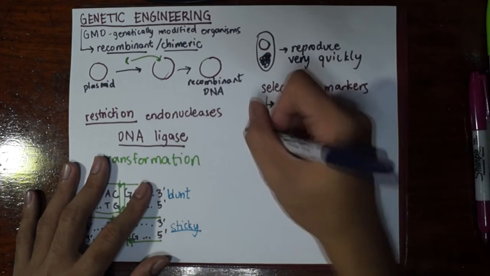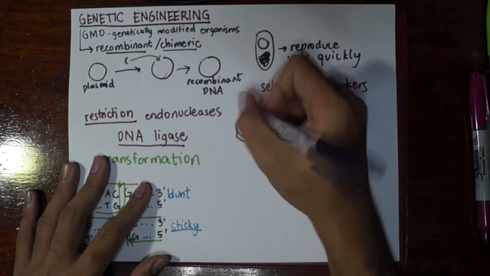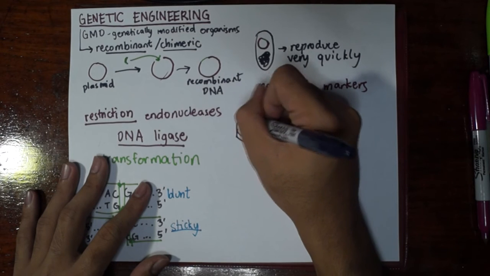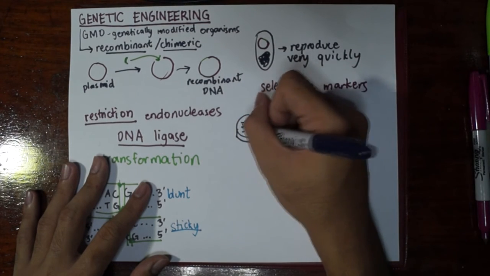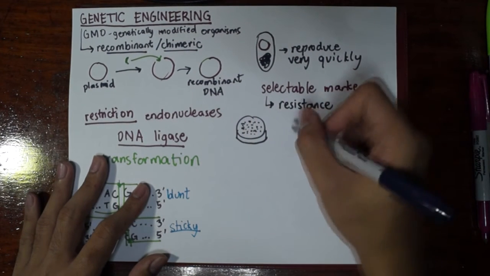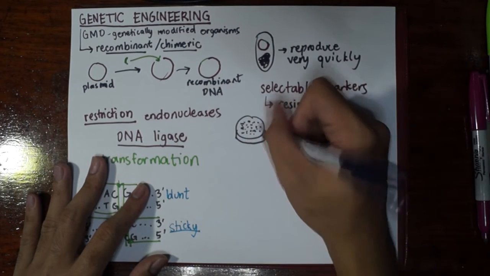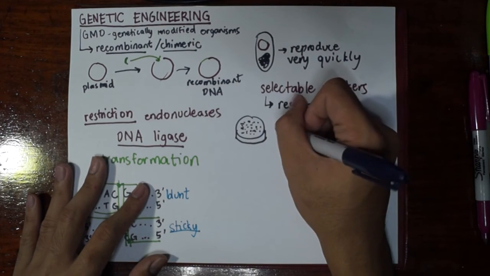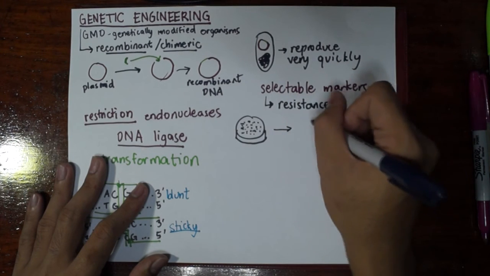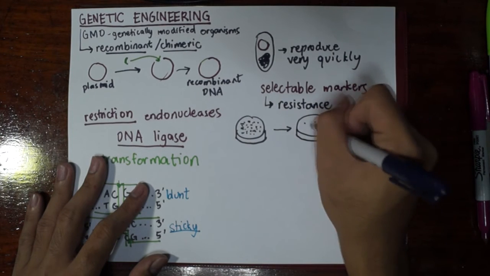So, for example, I have here a petri dish, and it has a lot of bacteria, and you don't know which bacterial cells there have taken up the recombinant DNA or not. What you do is you put an antibiotic here, like an antimicrobial plate, and then you would now come up with, of course, a smaller number.